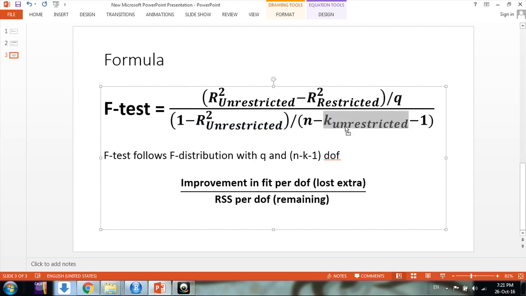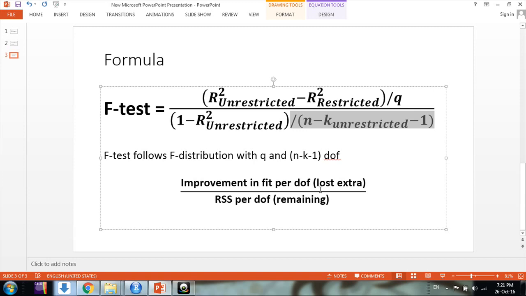When we increase this k, suppose earlier it was 1, now it's 3, the denominator would go down, and overall the average RSS, like the RSS per degree of freedom, may go down.